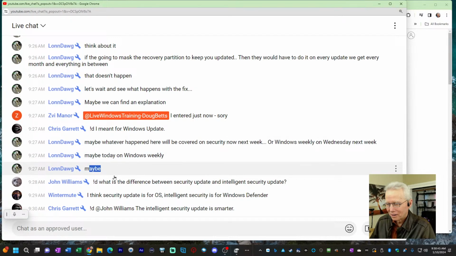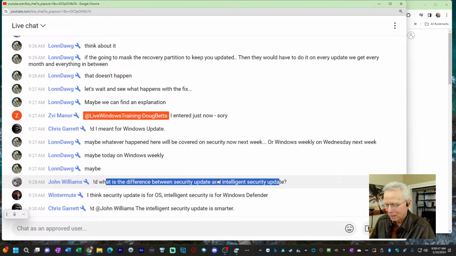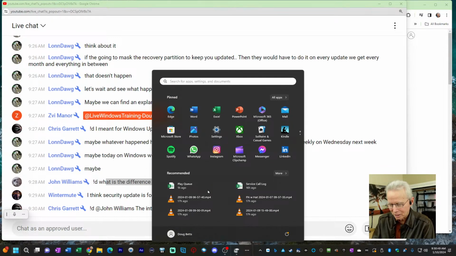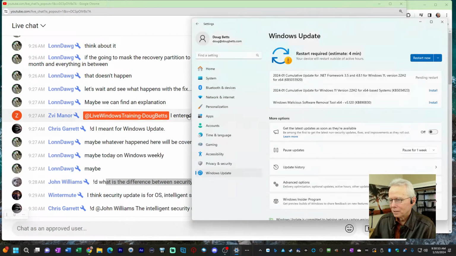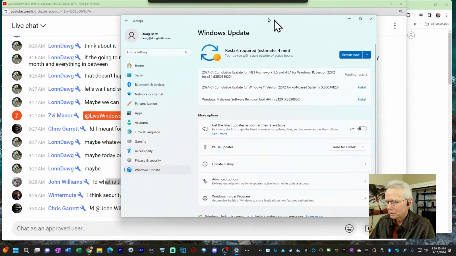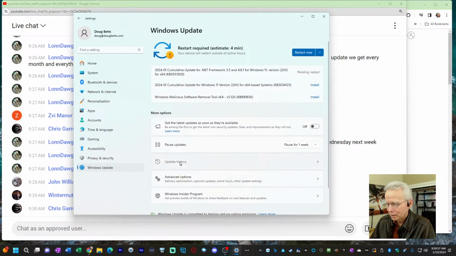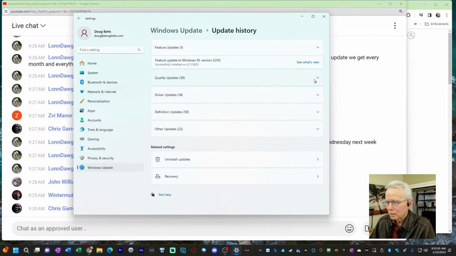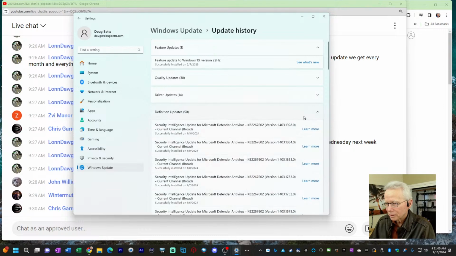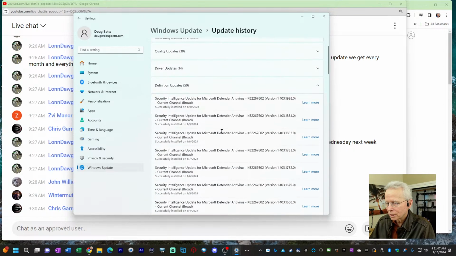Now, what's the difference between security update and an intelligent security update? Let's go look at this. Don't we get to see that in here in history? These are quality updates. Collapse that. Definition updates. Security intelligence update.